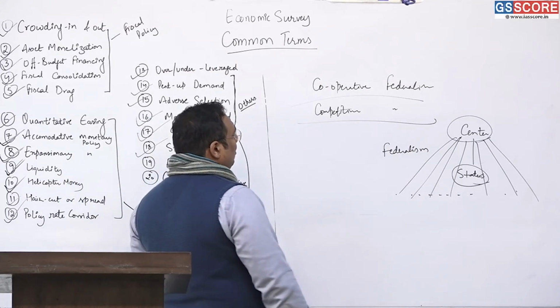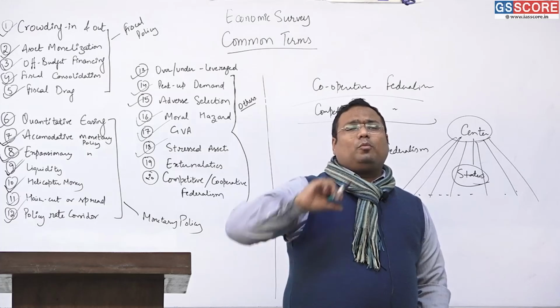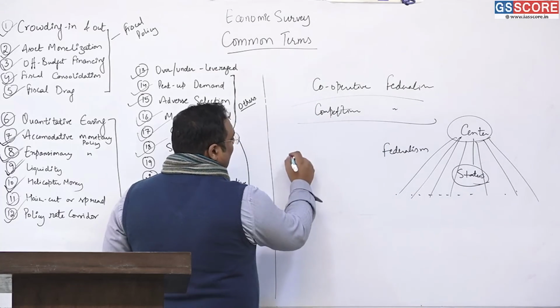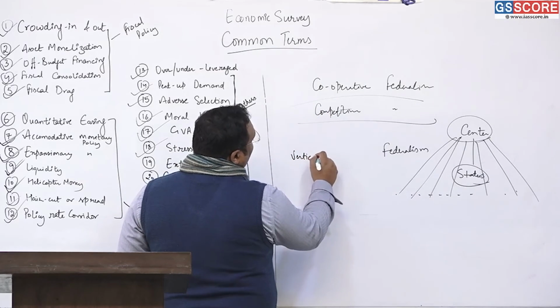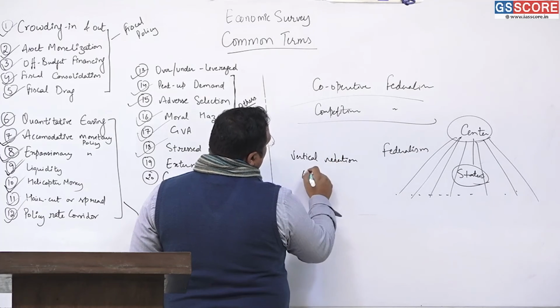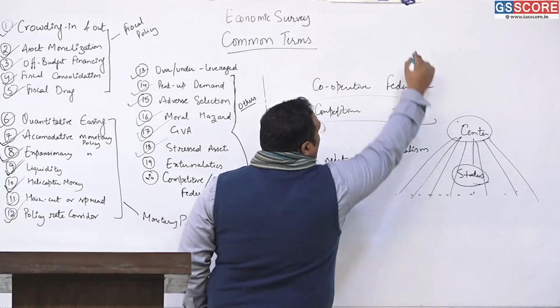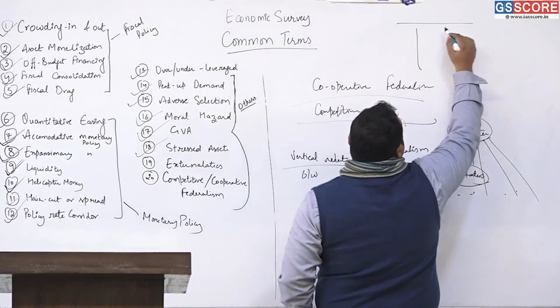Okay, now when we say cooperative federalism, we are talking about the vertical federalism. Vertical relation between, vertical is obviously the center and the state. Vertical is this line, horizontal is this line.